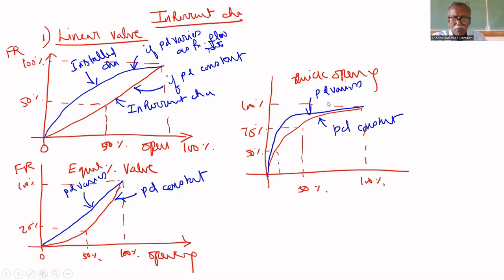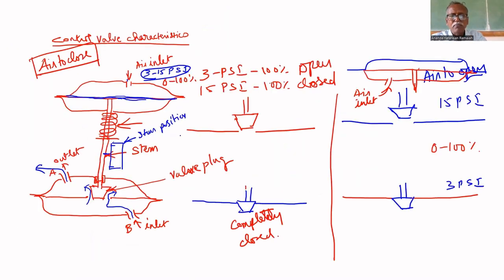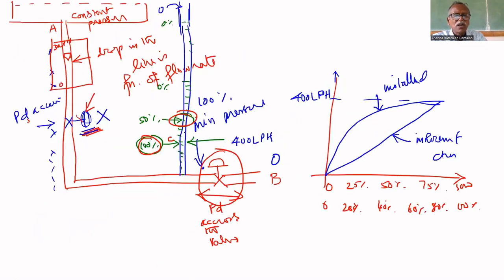You are keeping the pressure drop across these two points, A and B, constant always. But for the inherent characteristics, you have to keep the pressure drop across C and B constant. For installed characteristics, the pressure drop between A and B should be constant.